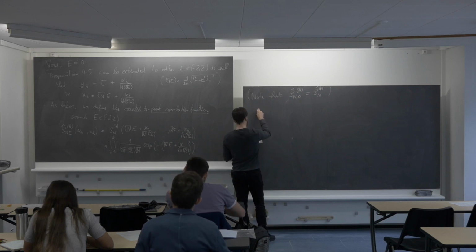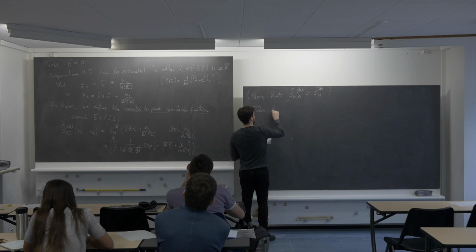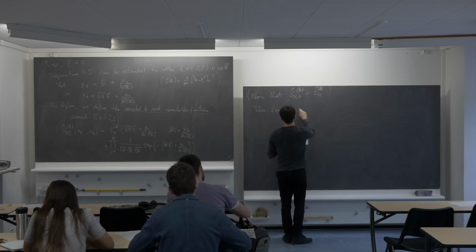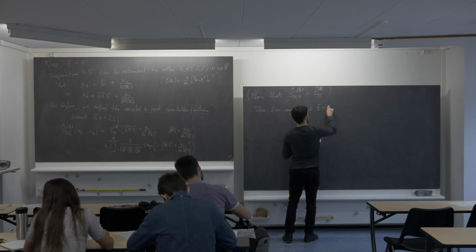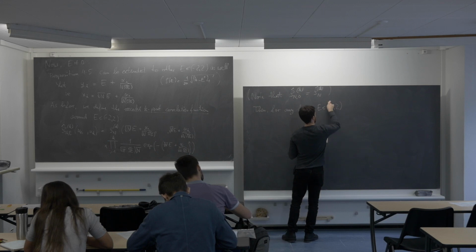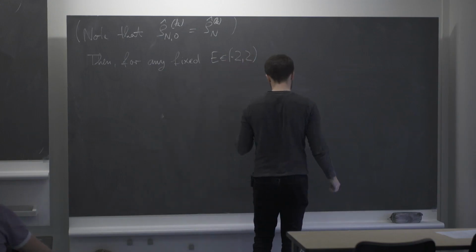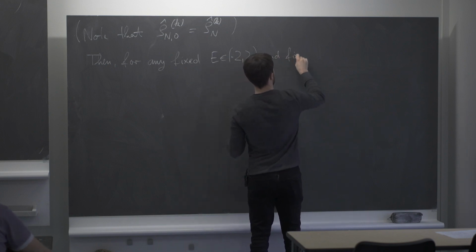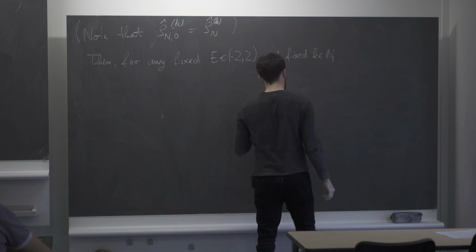And then I give you a statement which I will technically not prove, so I don't want to call it proposition. But, well, with a bit more effort, one could also prove it. So for any fixed e in minus 2, 2, and any fixed k in n, we have the following.